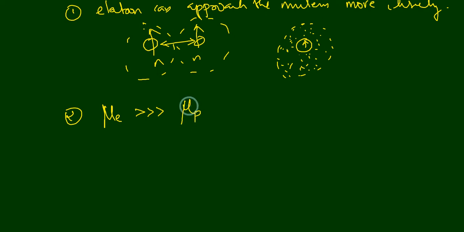Let me represent the magnetic dipole moment of the proton as mu p. You can see that the magnetic dipole moment of the electron is much bigger than the magnetic dipole moment of the proton. What does it mean? The electron is a much better magnet compared to the proton. This means the electronic magnet is much stronger than the proton magnet.